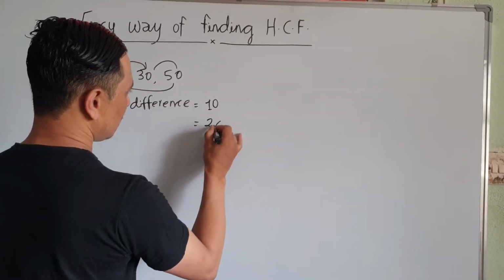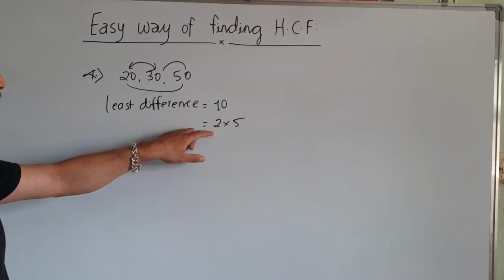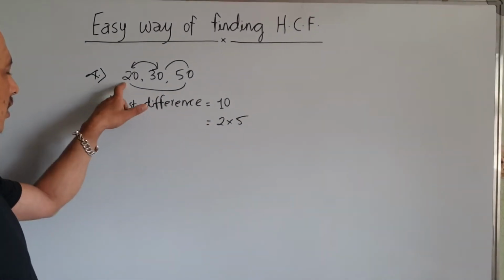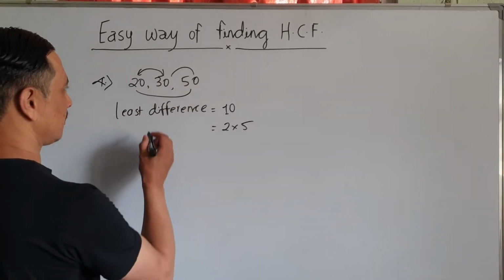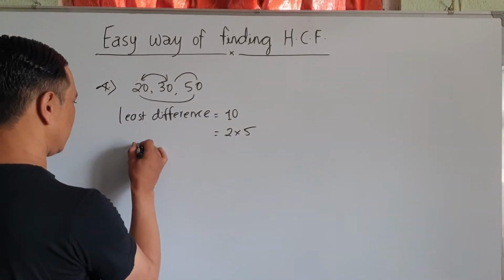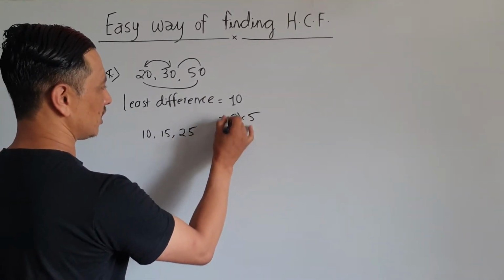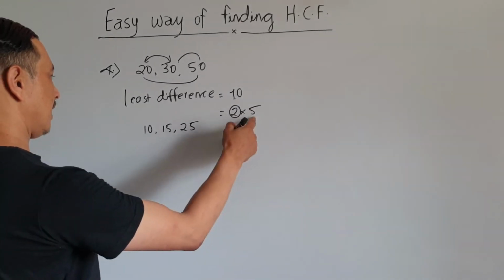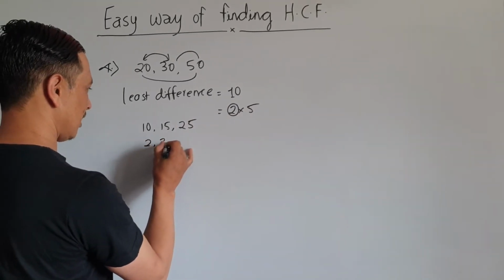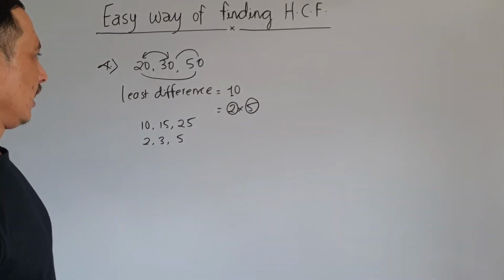Now 10 is 2 into 5. Again we divide the numbers by 2. 2 times 10 is 20, 2 times 15 is 30, 2 times 25 is 50. After dividing by 2, we get 10, 15 and 25. So 2 is one of our factors. And after this, 5 times 2 is 10, 5 times 3 is 15, 5 times 5 is 25. 5 also divides.